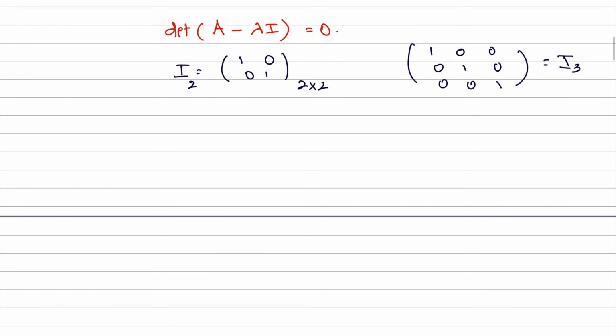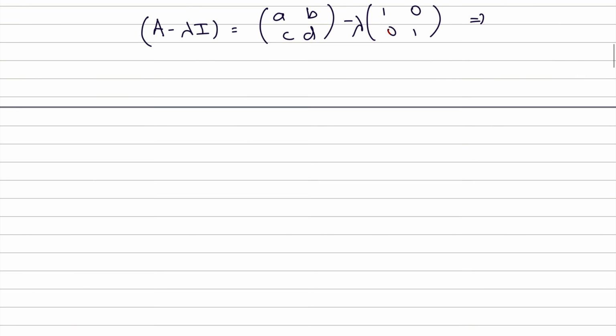Now, what is A minus lambda I? A minus lambda I is equal to [A, B; C, D] minus lambda into I, which is [1 0; 0 1].